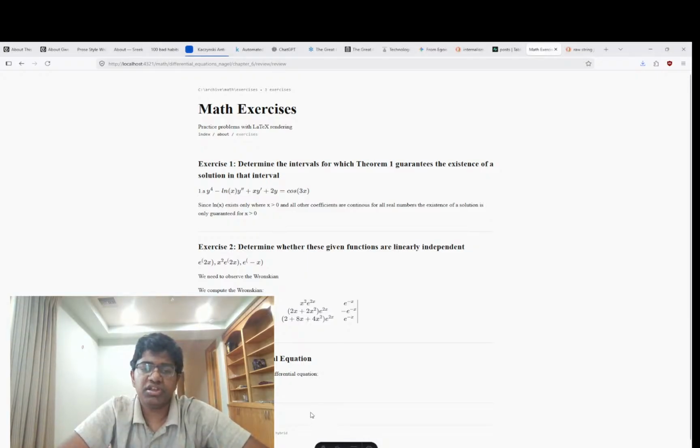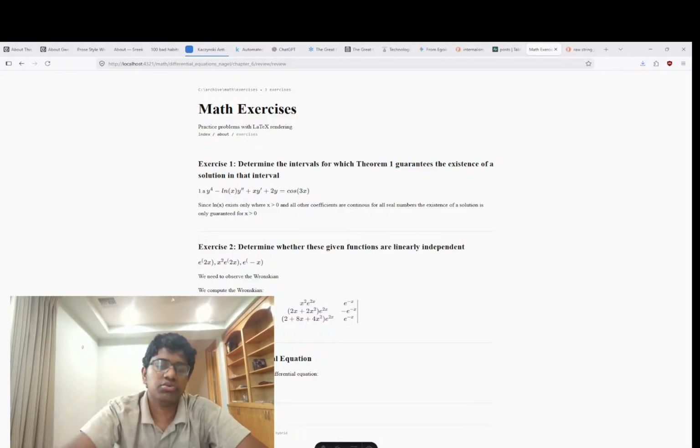The problem here is that it's processing the n as a new line character rather than an n character. So basically what we need to do is convert it to a raw string.